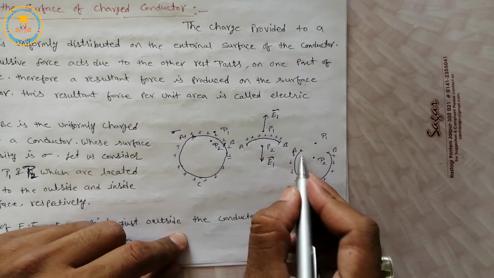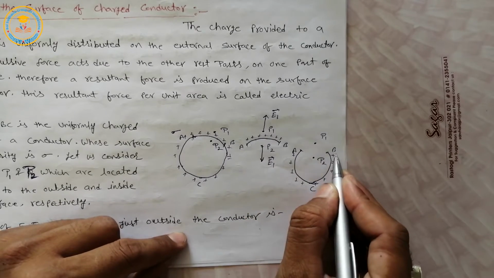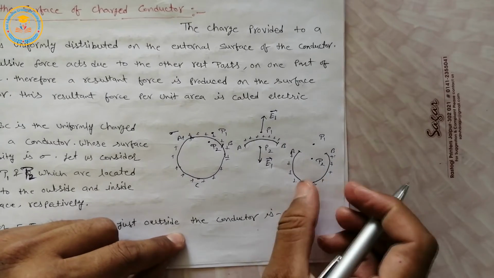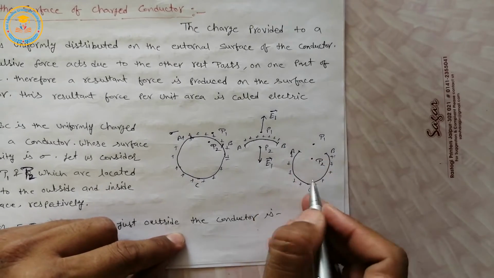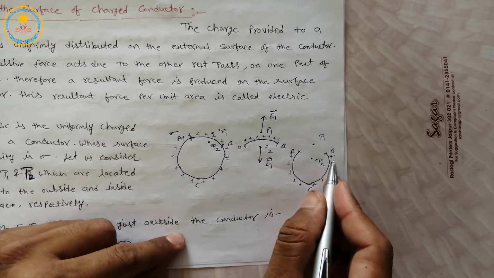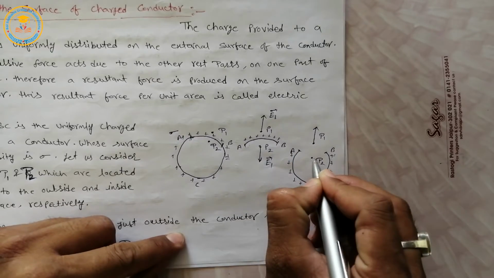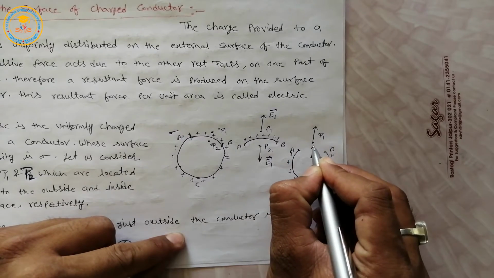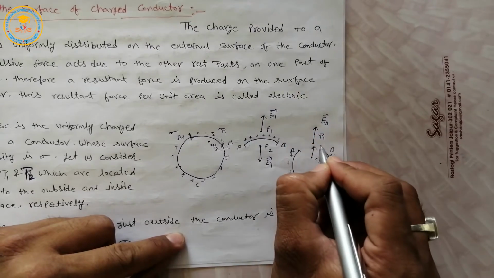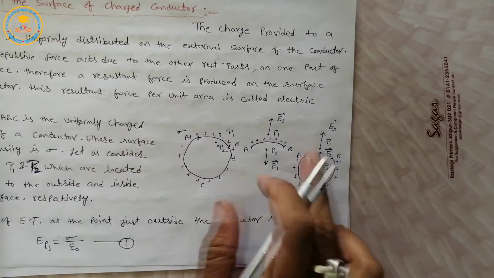And for the direction of electric field intensity due to ACB, here P1 and P2 are outside with respect to this part ACB. So the direction of electric field intensity at both points is in the outward direction like this.